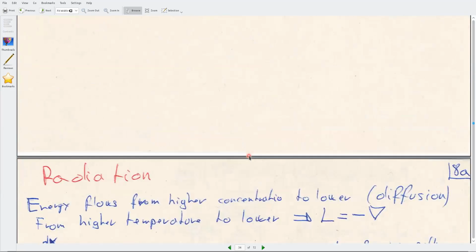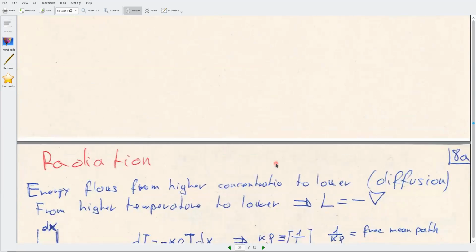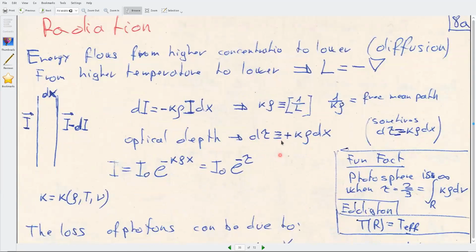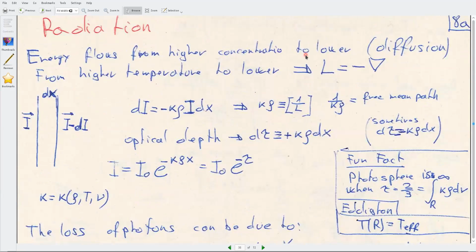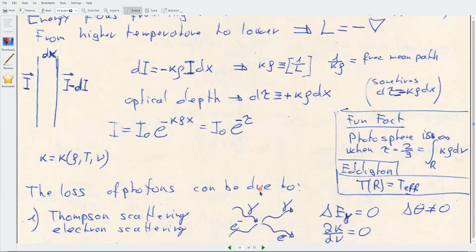I know that we talk about radiation, how it's interacting. Okay, here we are back in English. The opacity and the density times the thickness of the layer is the optical depth.